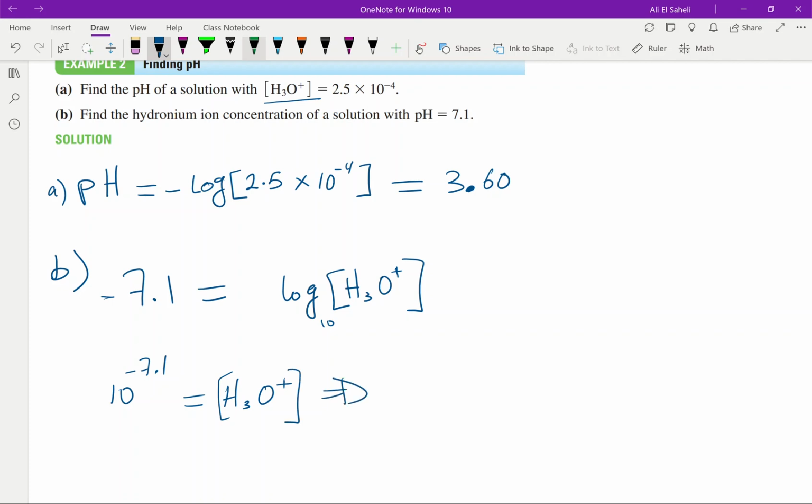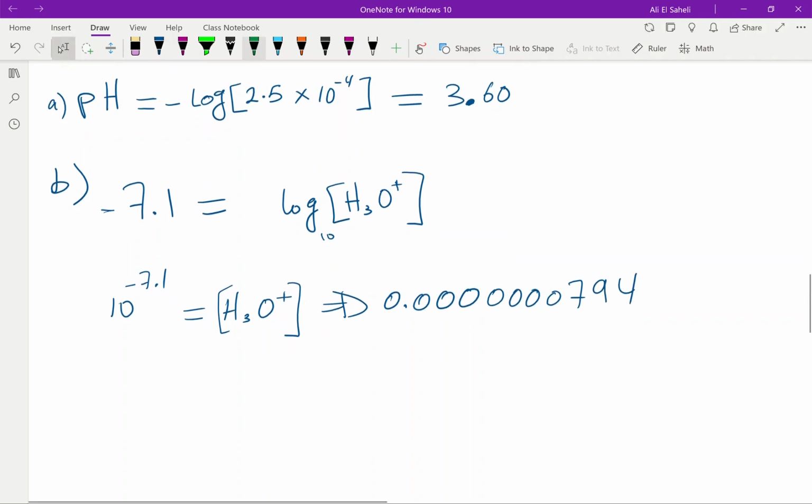Ten to the power minus 7.1. What I have is 0.000 with 7 zeros, 794.